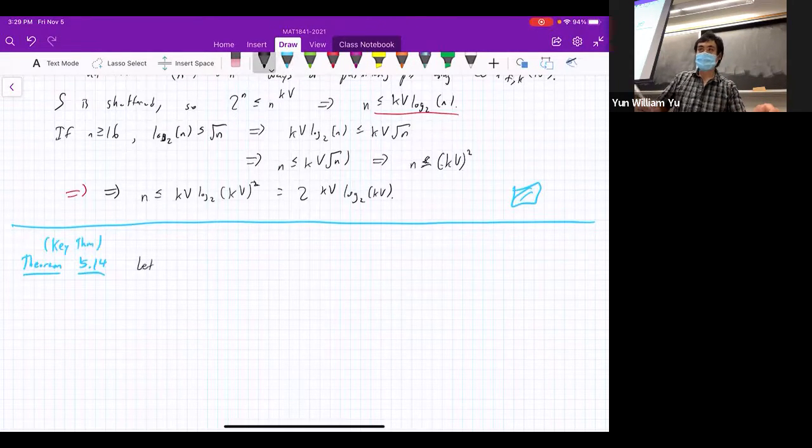And what we're going to do is let (X, H) be a set system.